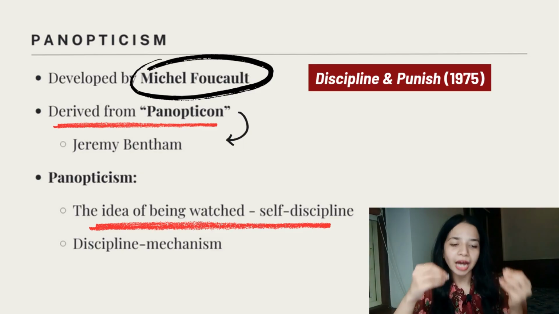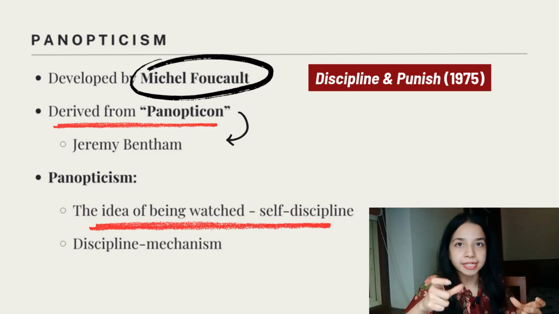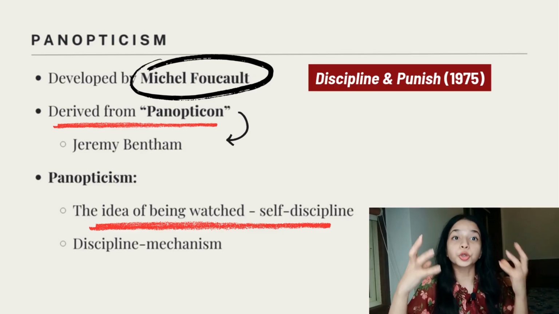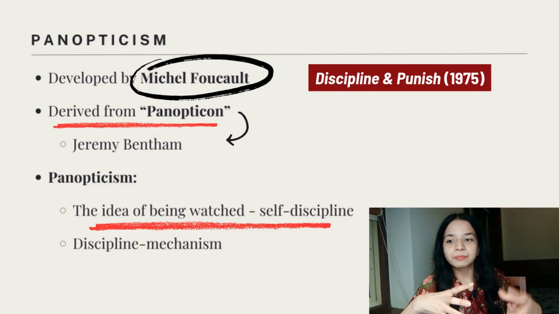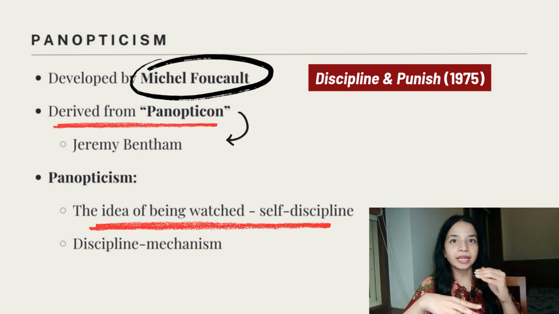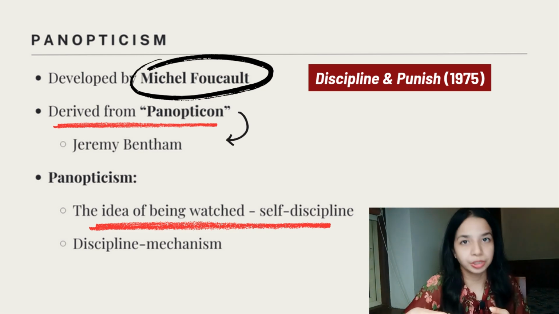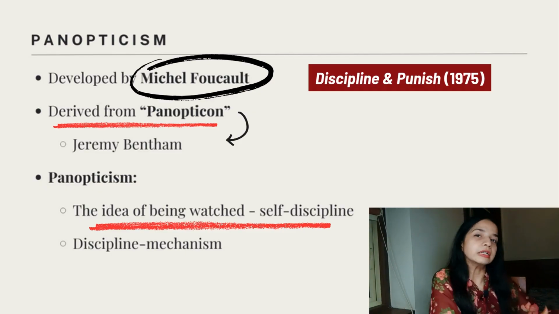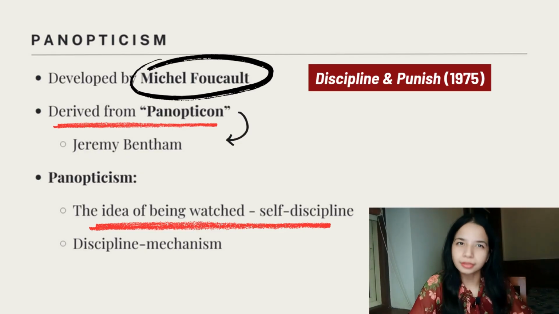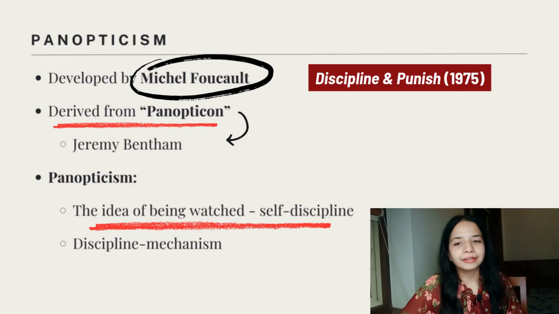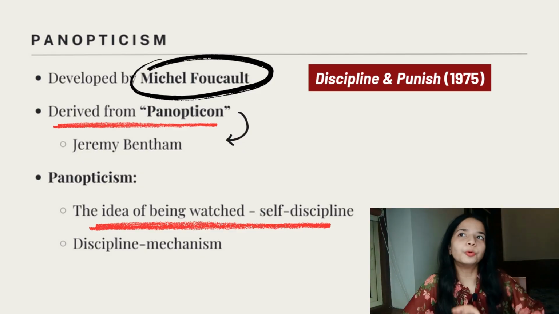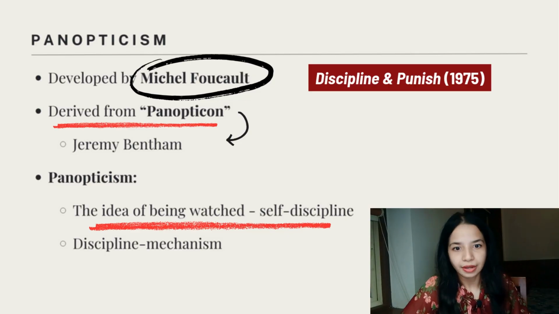He talks about how this idea becomes a discipline mechanism where power is exerted not in a very direct manner, like I will beat you, I'll thrash you. No, it's not exerted in that manner. It's more subtle, right? And the idea behind Panopticism is to produce individuals who can monitor themselves, right?